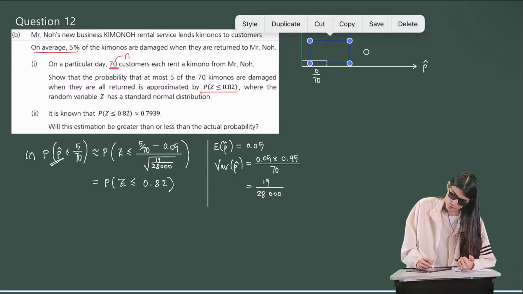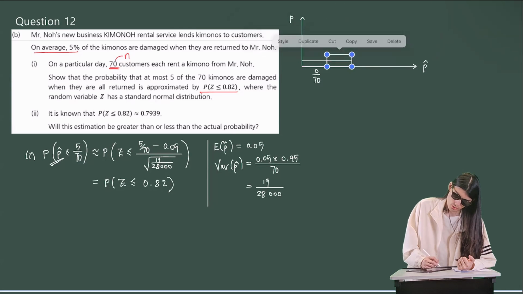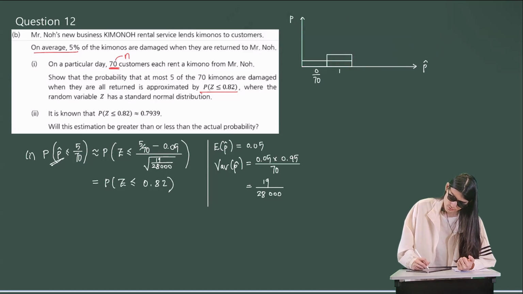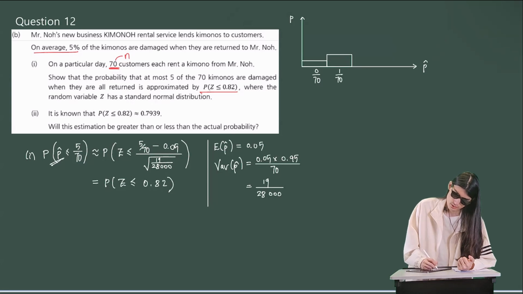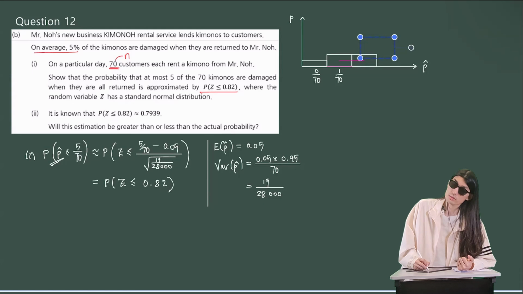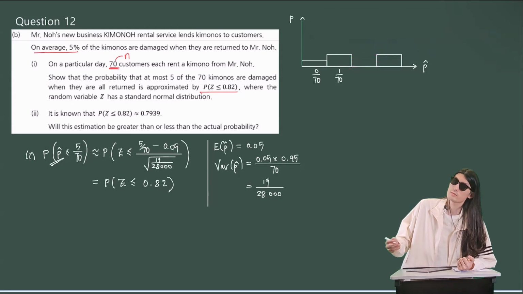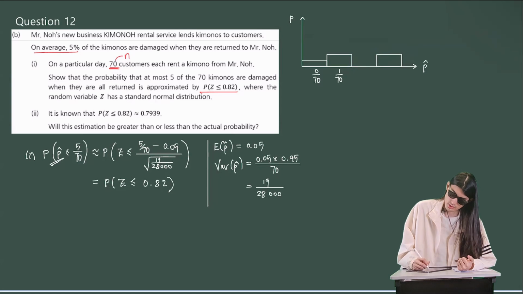So in other words, good news for Mr. No. The next value would then be 1 over 70, which represents the case when 1 out of the 70 kimonos returned is damaged, and so on.